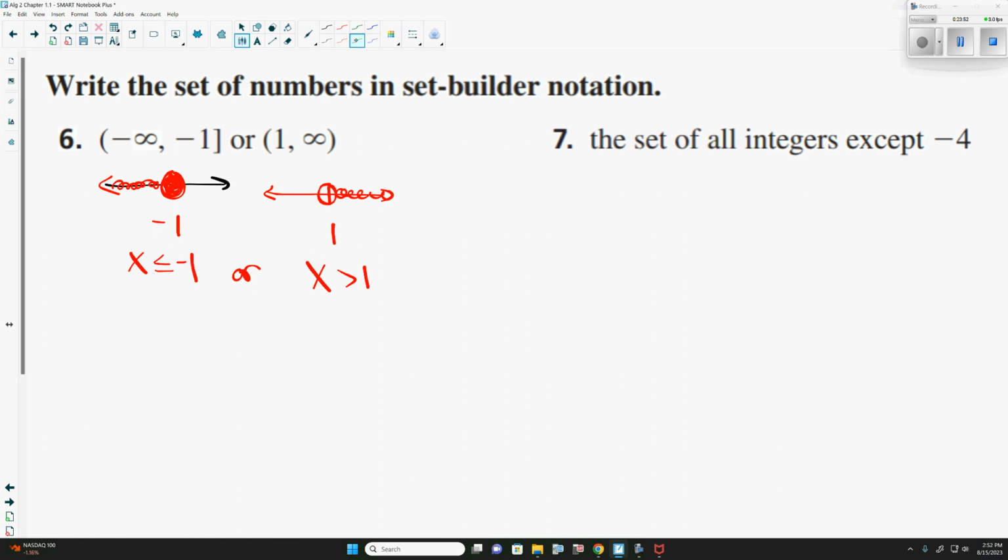So when we write our set builder notation, we would have brace x bar. We both knew what each other meant. And that's it. What do we think of these so far?